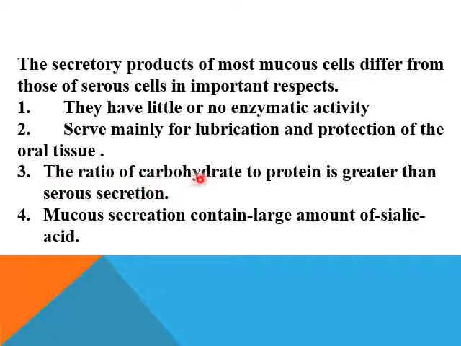Third, the ratio of carbohydrate to protein is greater than in serous secretion, while the serous acini contain more protein than carbohydrate. Fourth, the mucous secretion contains a large amount of sialic acid.